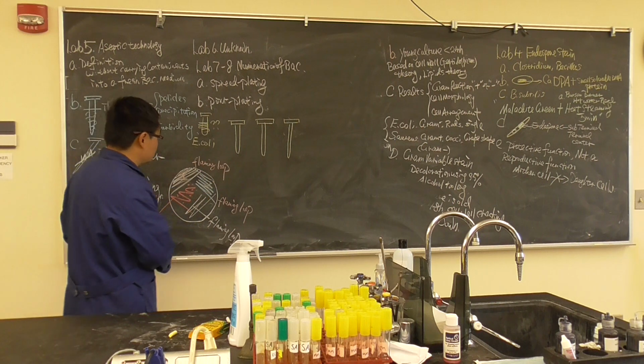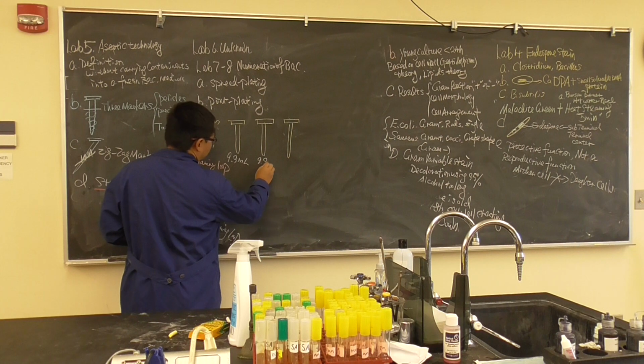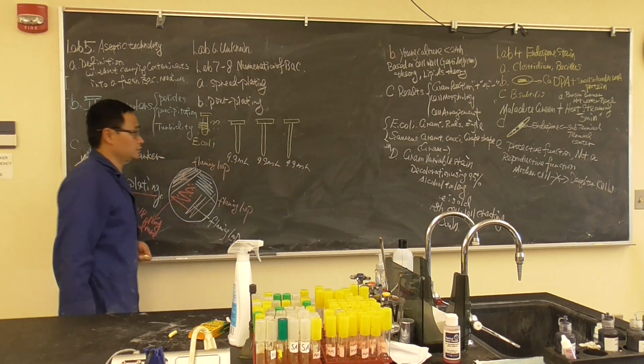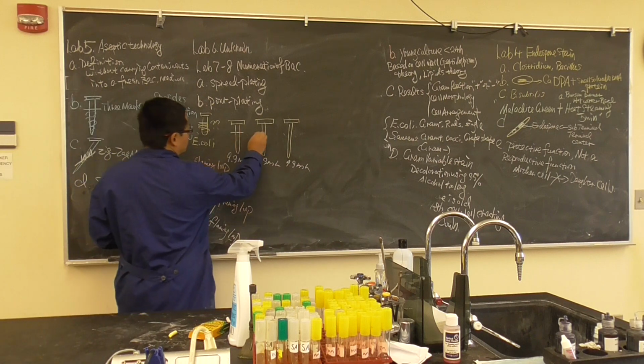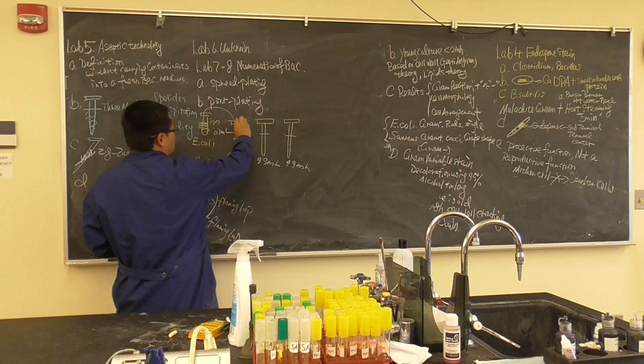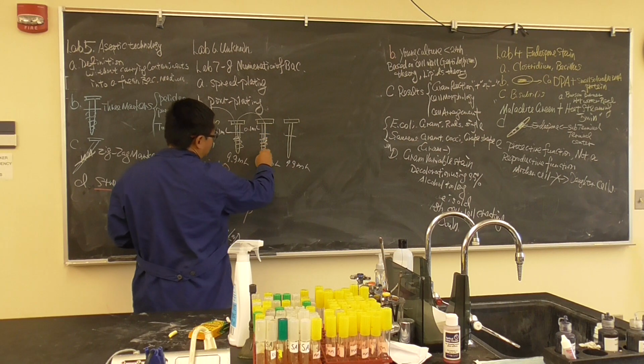Every tube is 9.9 ml. So how do we do it? We add 0.1 ml to the first one, then we mix very well. Then we add 0.1 ml to the second one, and mix very well.